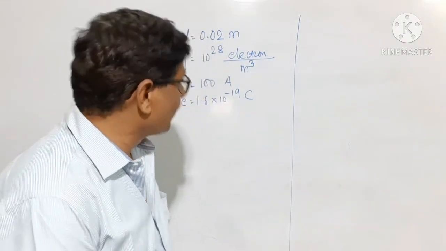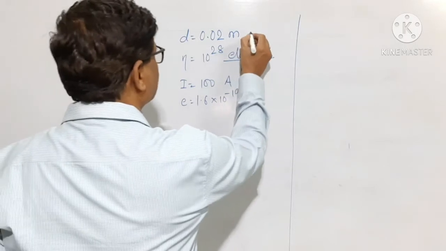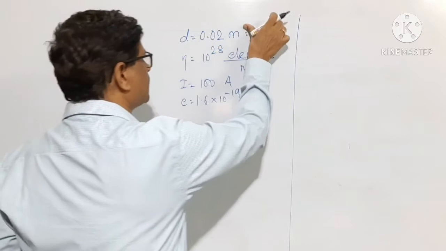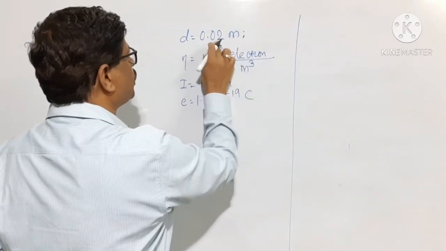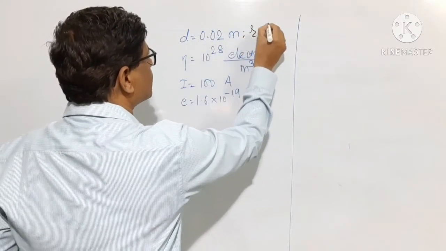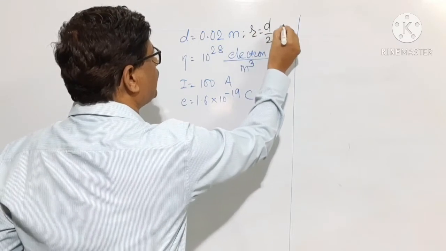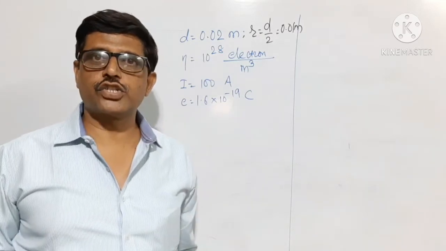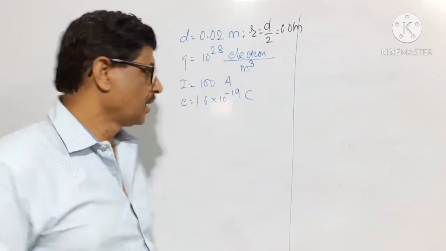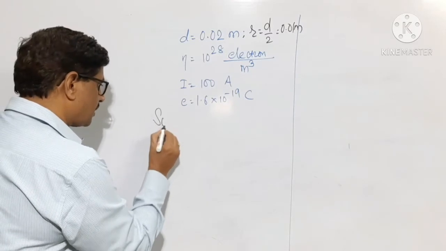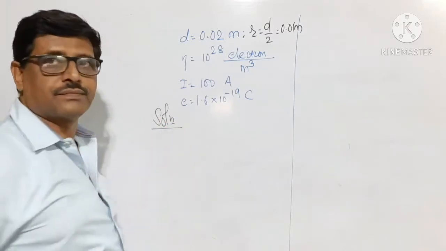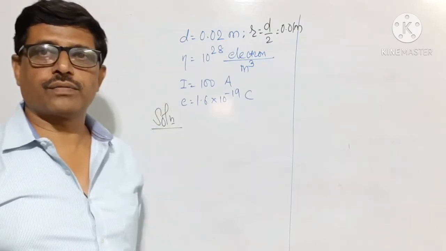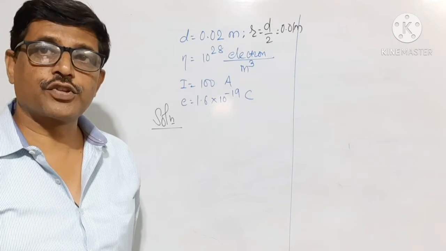For that, at first I will convert this diameter into a radius. Here the diameter is 0.02, then the radius is half of the diameter. I will write it as 0.01 meter. The radius is 0.01 meter. Then, knowing the data in the given numerical, we are able to find the drift speed.